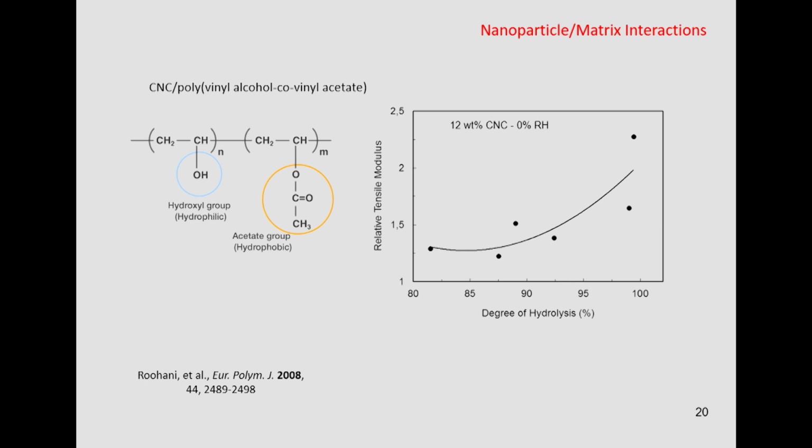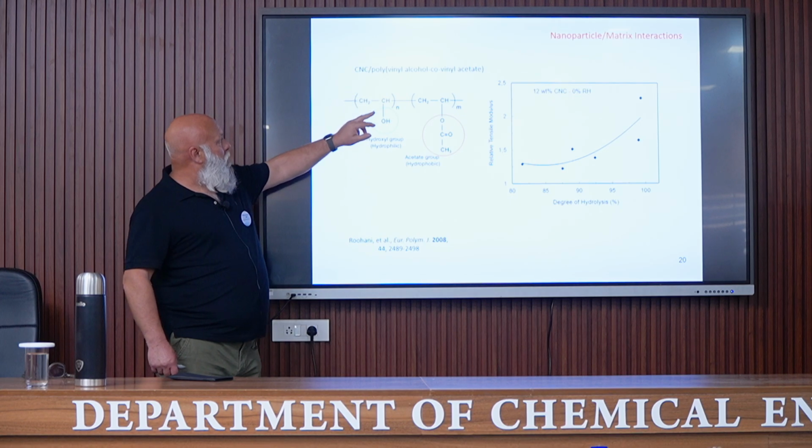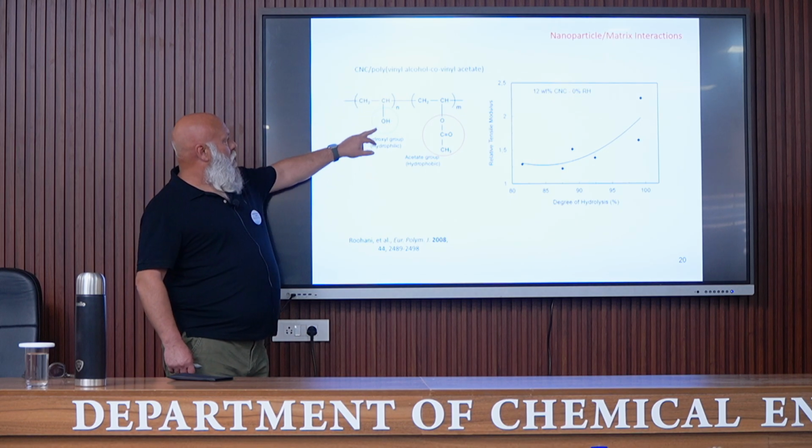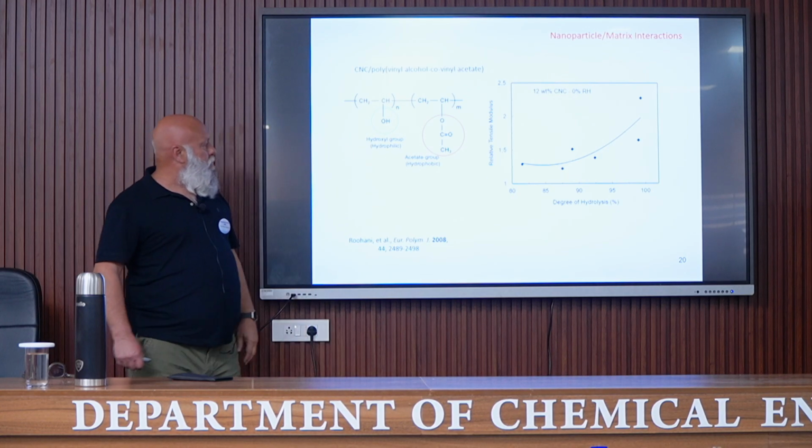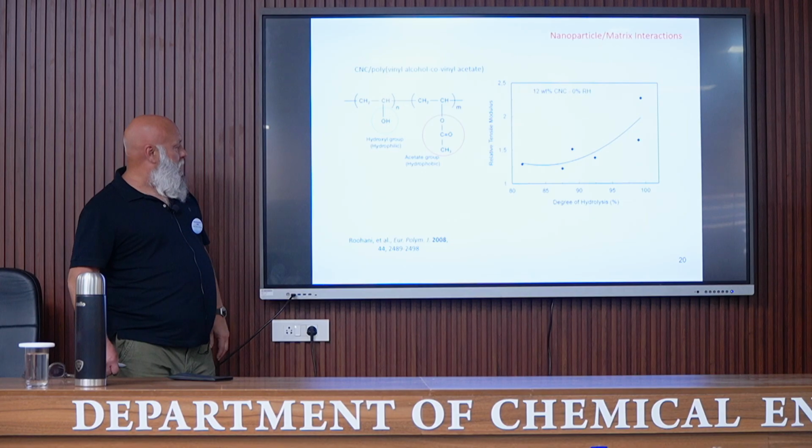Now regarding the interactions between the matrix and the nanoparticles, this is an example in which a copolymer was used, a polyvinyl alcohol covinyl acetate. So with some OH groups, which are hydrophilic, of course, and some acetate groups, which are more hydrophobic.